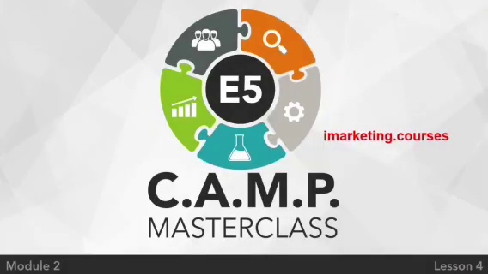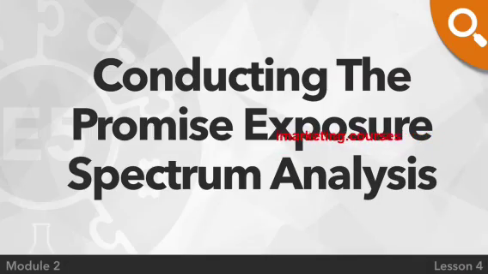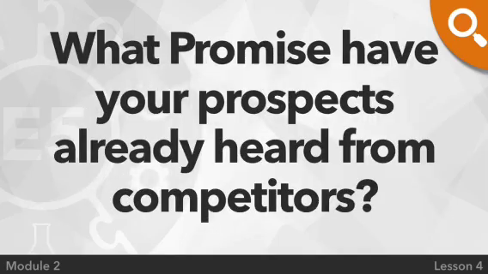In this lesson, we're going to talk all about conducting the promise exposure spectrum analysis. This is actually very simple, but this is one of the most critical aspects of the entire examination stage. What the promise exposure spectrum analysis is all about is understanding what promise your prospects have already heard from competitors. In other words, what marketing message, marketing appeal, benefit statements, claims, promises have your prospects already been exposed to from other companies, from other marketers, from other entrepreneurs?